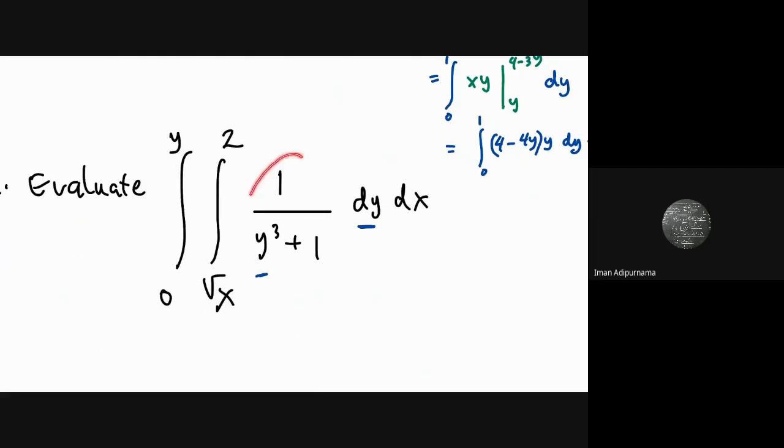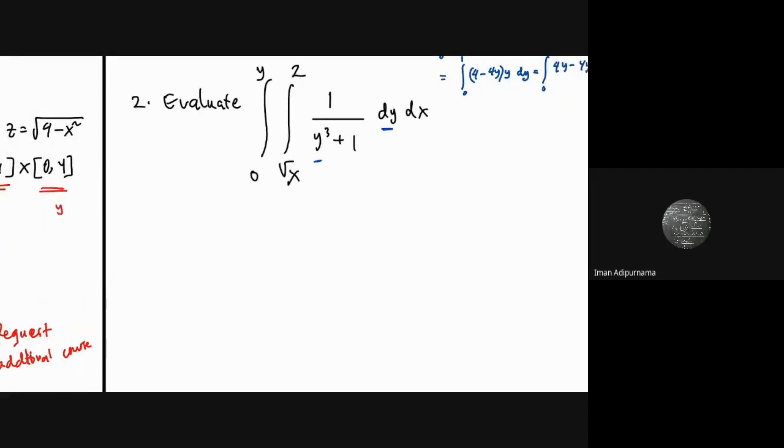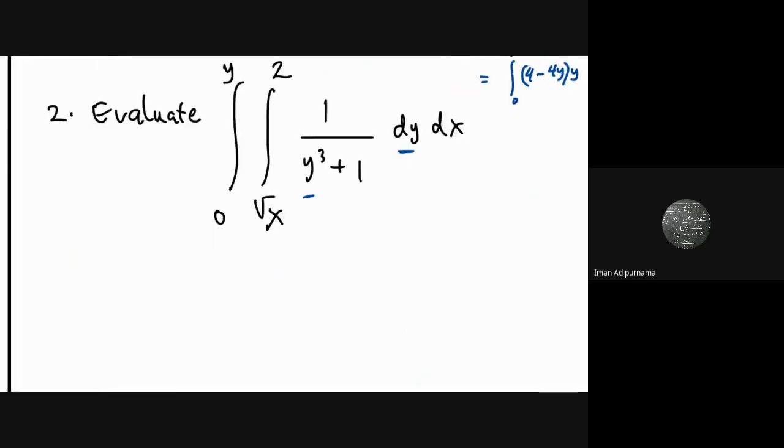And when you are dealing with these integrations, because we need to integrate the inside first, if you think that it will be a trouble, we can always change the order. So first, we can try to look at what we have here.